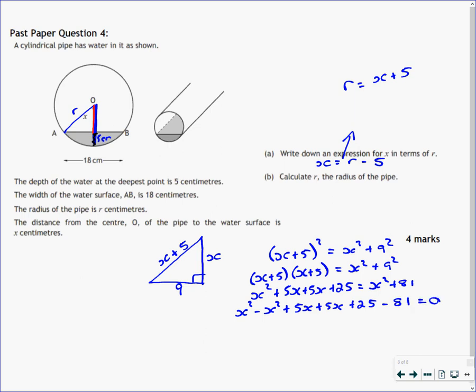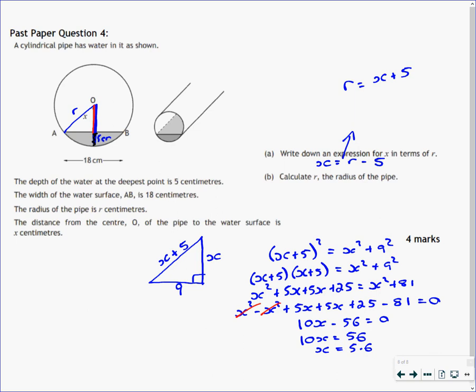So actually, it's not a quadratic because the X squares cancel out. So that's going to be 10X, and then 25 take away 81 is going to give me minus 56, is equal to 0. Take that back across, so we get 10X is equal to 56, so X is equal to 5.6.